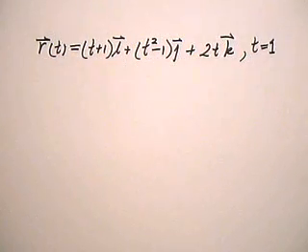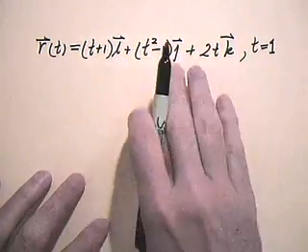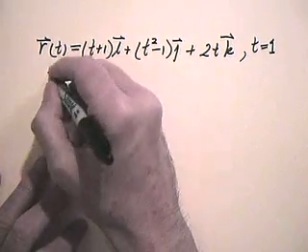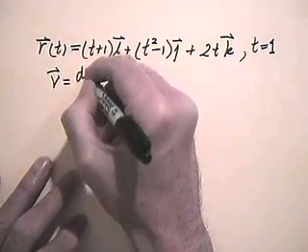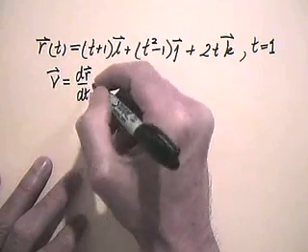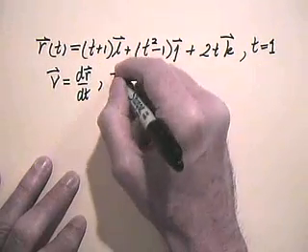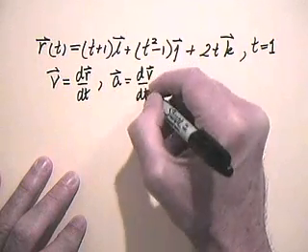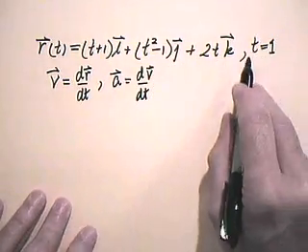Of course, acceleration is just the derivative of velocity, so when we're presented with a vector function and need to find velocity and acceleration, v is the derivative of the vector function, and then the acceleration is the derivative of v. Here we want to work at t equals 1.